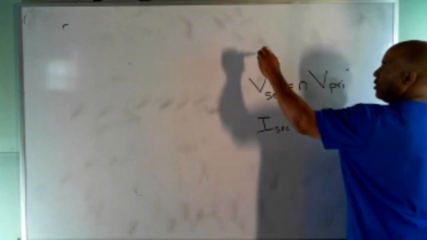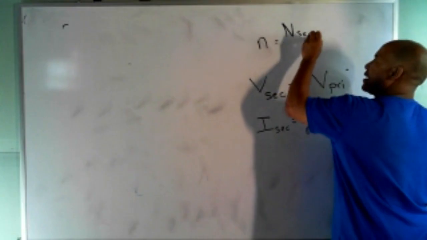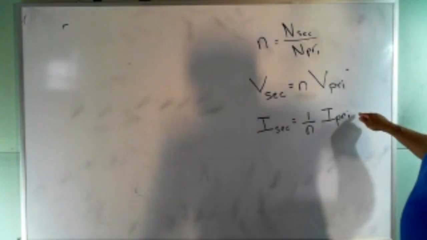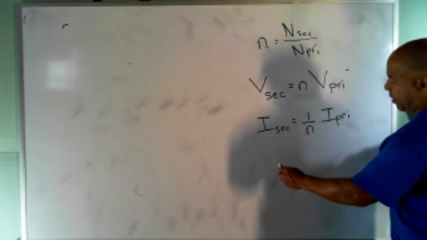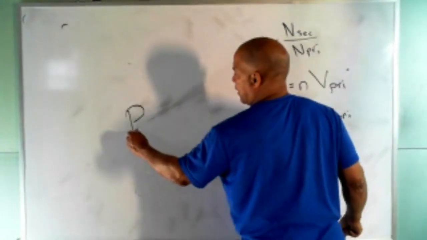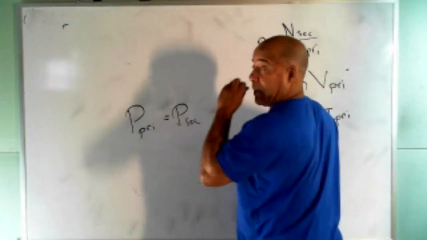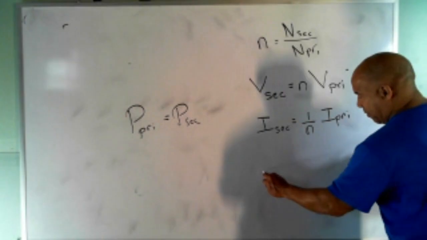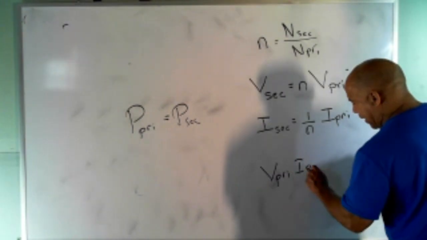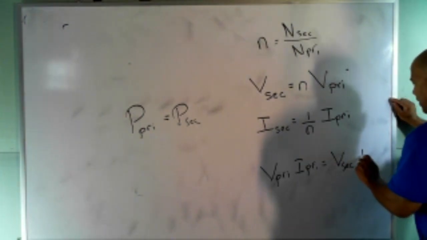To get the turns ratio, we said that the turns ratio is defined as N sec over N prime. And we derived this one from an equation that you probably should remember: P primary equals P secondary. And because of that, the equation I'll have you remember is that V prime times I prime is equal to V sec times I sec.